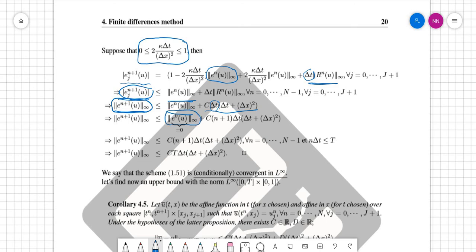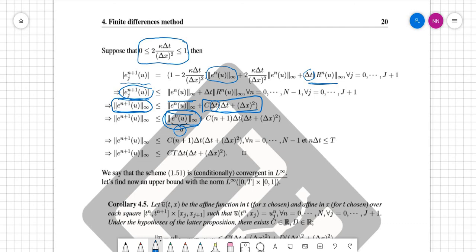But e^0 is equal to 0, because at the initial condition we have no error, since we are considering that the approximation at this point is exactly equal to the initial condition. That's why this term will be equal to 0. But when we go back in this iterative procedure to arrive at e^0, we are adding these errors as many times as we go back.